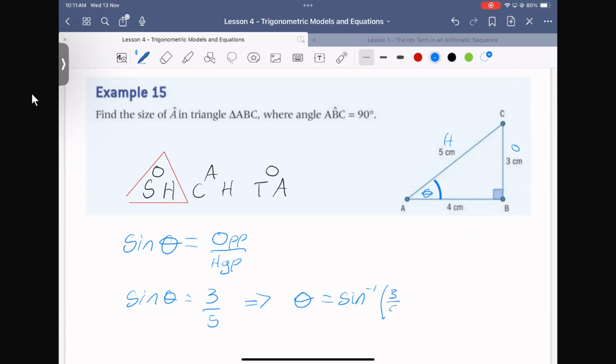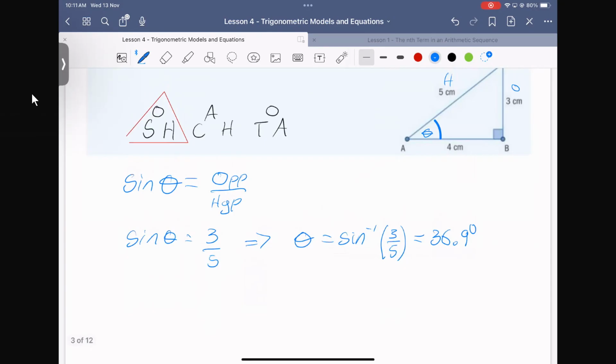We take inverse sine of 3 over 5, and we get 36.9, which is equal to 36.9 degrees. So I'm solving a trigonometric equation here. I'm solving the trigonometric equation sine theta is equal to 0.6. Sine theta is equal to 0.6 has the solution theta is equal to 36.9 degrees.